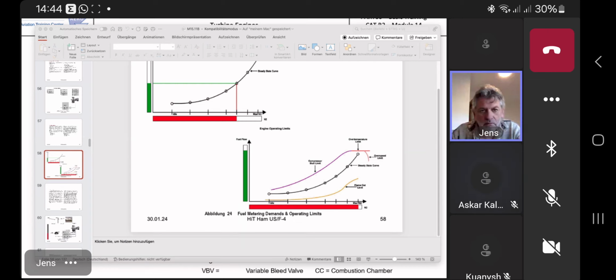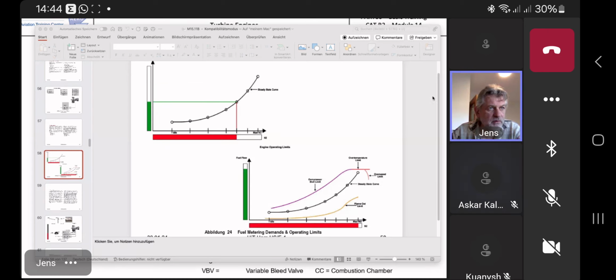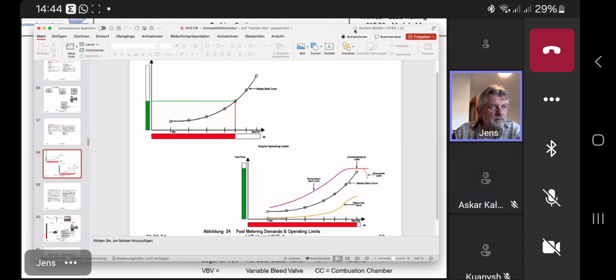Very important. So yes, the metering valve will obey the request of the cockpit, but without damaging itself. So the engine has to take care of itself. I will wrap it up after our day here and make it new, whatever. But you got the idea, I hope.